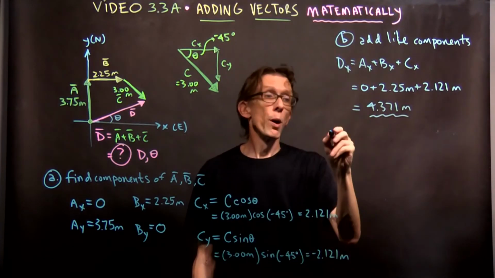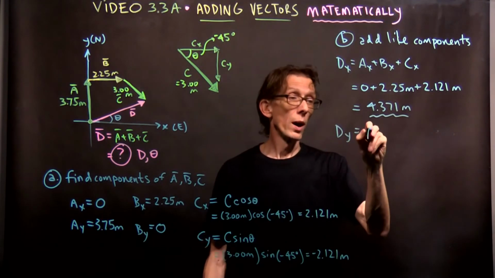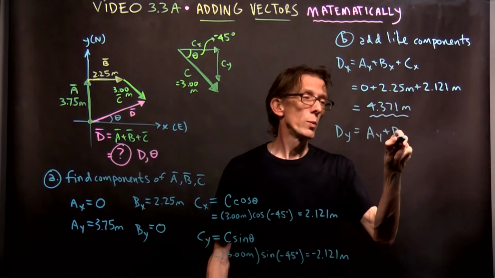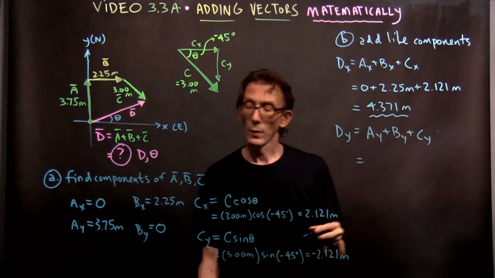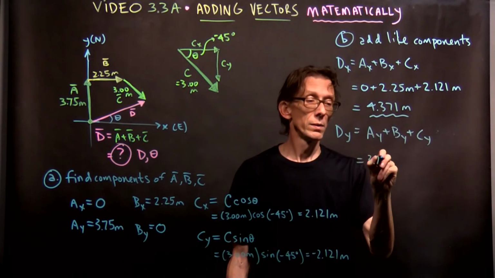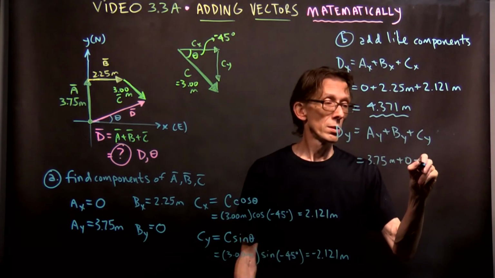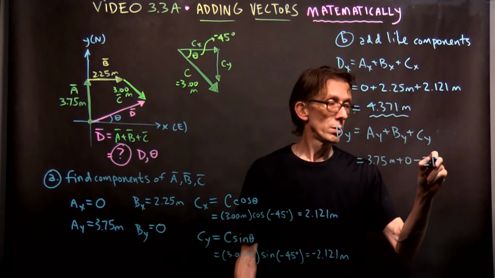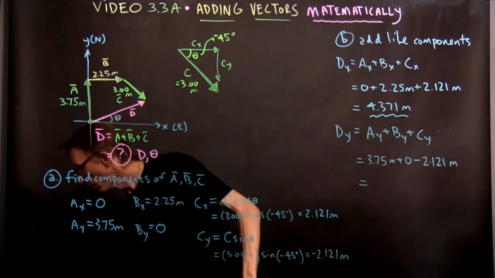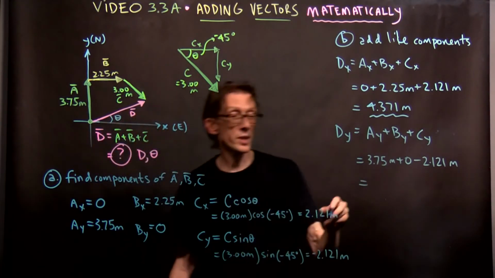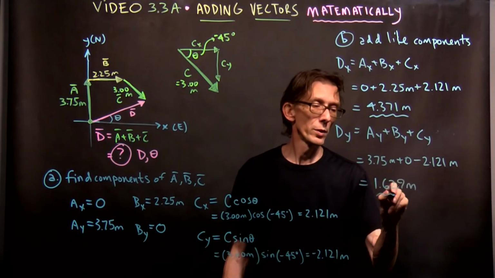We're adding like components. DY is going to be AY plus BY plus CY, which is 3.75 meters, plus 0, minus 2.121 meters, which gives us a y component of 1.629 meters.